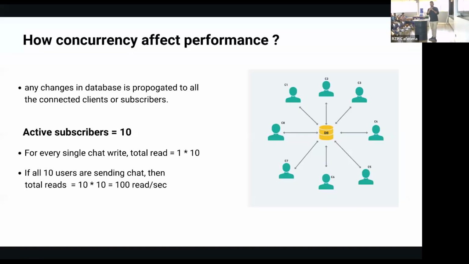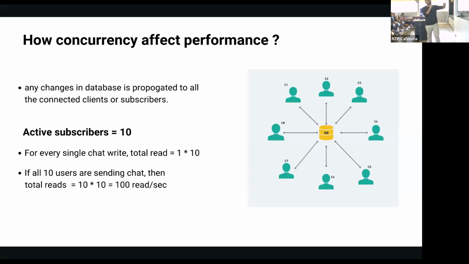Let's talk about what happens if one user was connected, what the issue was, and what if 100 users are connected to the same system. For example, this is a real-time database, and let's say 10 users are connected across it. Every database has some capacity.